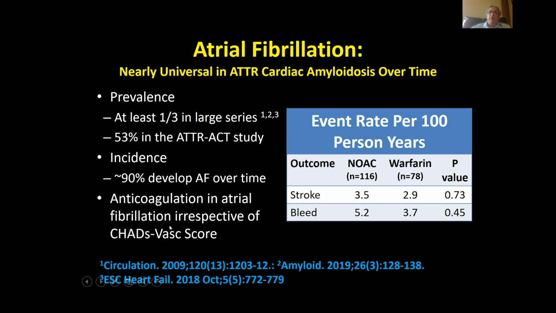Anticoagulation is to be administered in all of these individuals in atrial fibrillation, irrespective of their CHA2DS2-VASc score. And while international collaboration, I think, is necessary to really sort this out, at least in our single center experience, whether you received a NOAC or warfarin, there was no difference with regard to stroke or bleeding events. And so we tend to utilize DOACs or NOACs in patients with amyloid and atrial fibrillation.